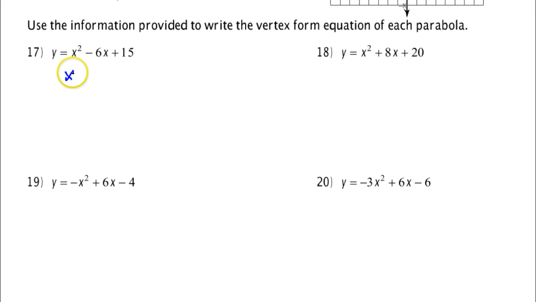And we said, let's break this up. And you said, what's half of -6? And you get -3.